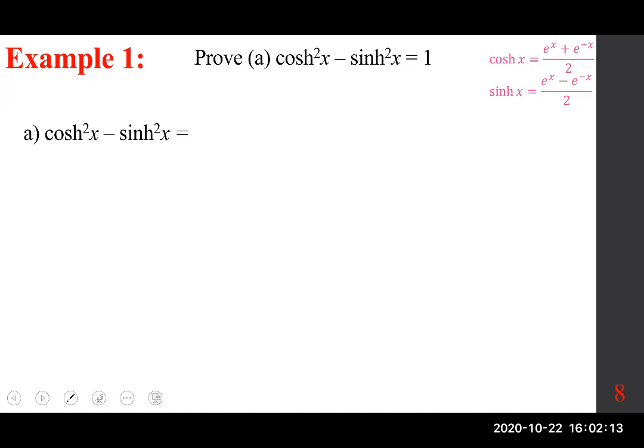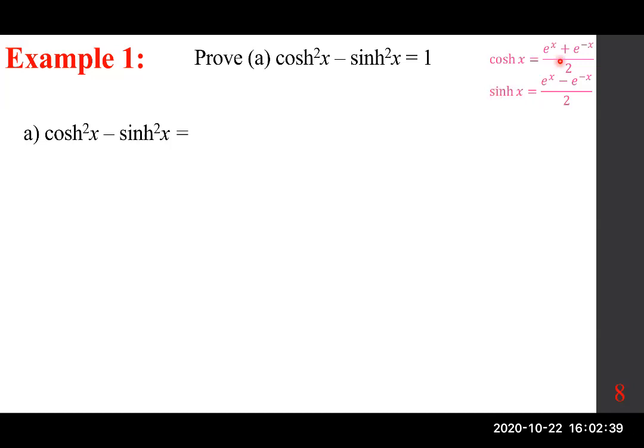We want to prove that cosh squared minus sinh squared equals 1. We don't know that, so all we know is this. In order to prove that, remember what we did in trigonometry. We started with the more complicated side. The more complicated side is the left side. So replace the cosh with what you know, replace the sinh with what you know.